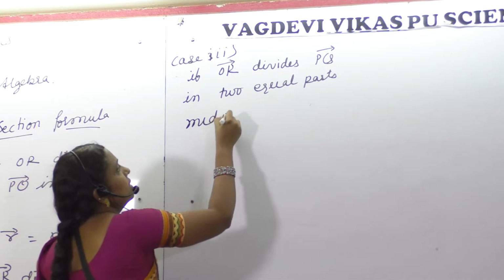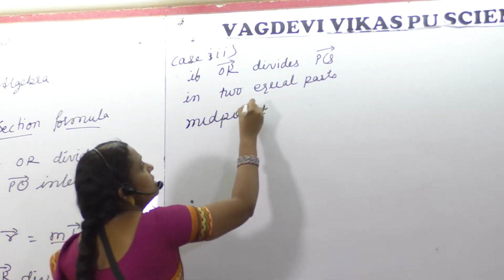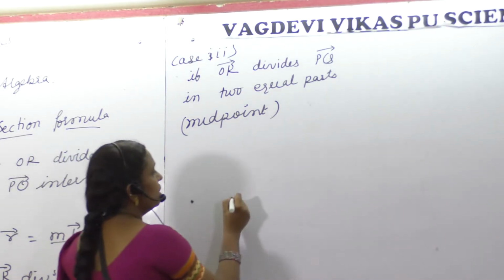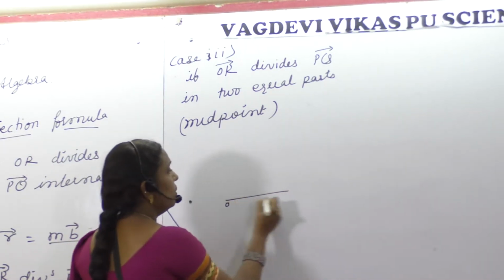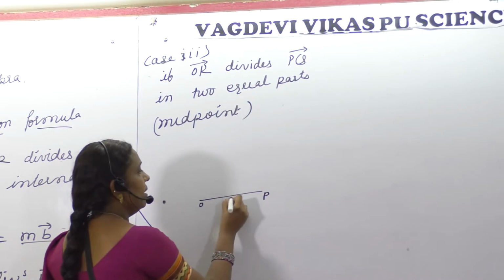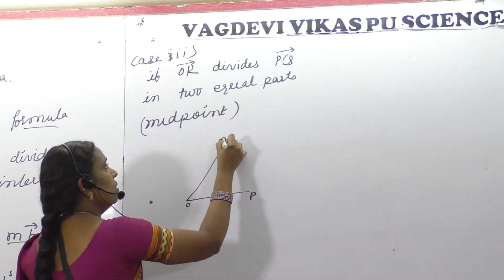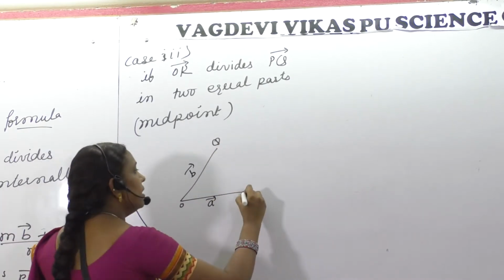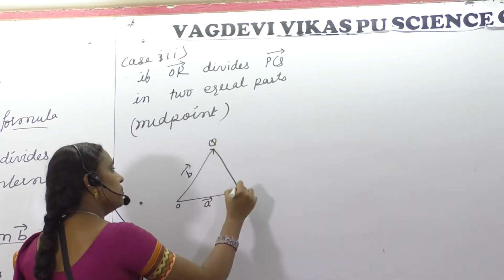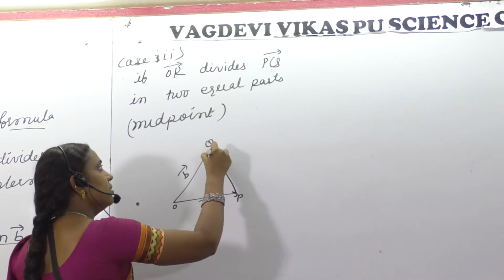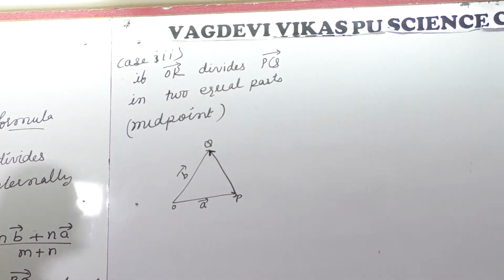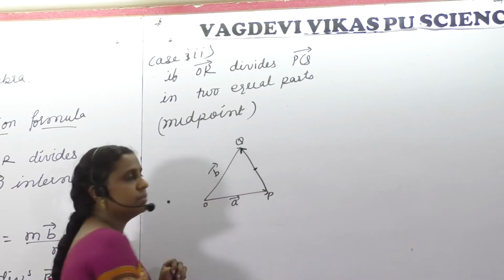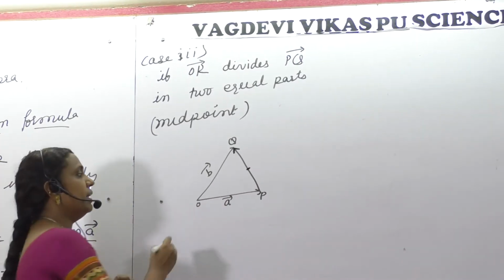You can just note it down as midpoint. Okay. Midpoint means what? Do you remember? This was O, P, vector A, O, Q, vector B, and the vector joining PQ, and OR divides it exactly half at the midpoint.